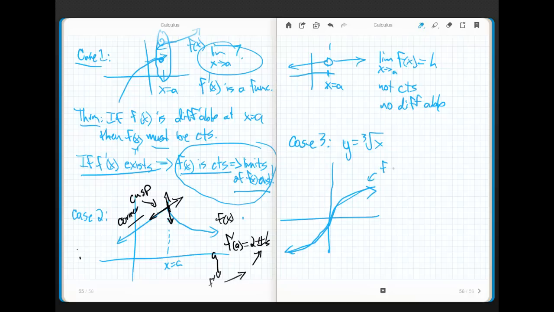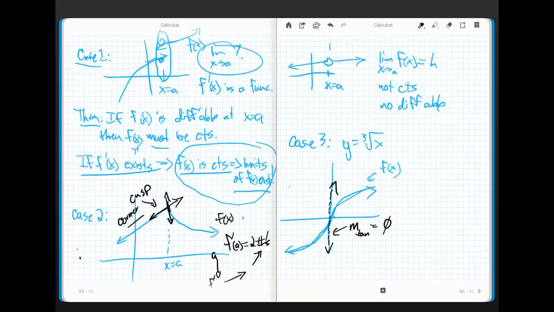This here is f of x. The problem is, at x equals 0, guess what I have? I have a vertical tangent line. And we know that the slope of the tangent line, when it's vertical, doesn't exist. Therefore, it's technically not differentiable at that point.